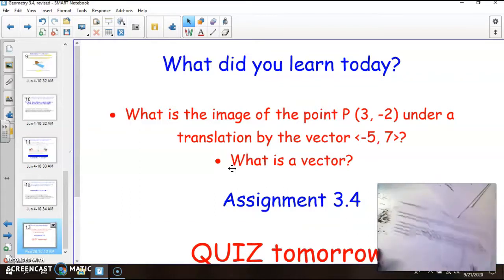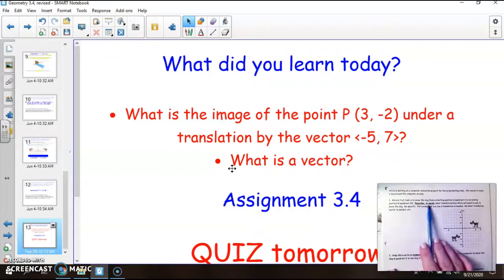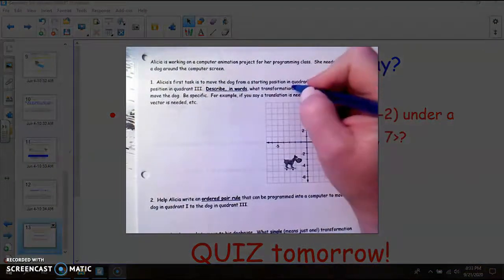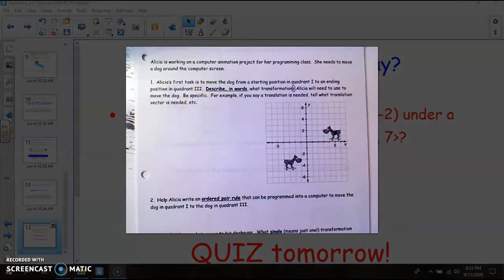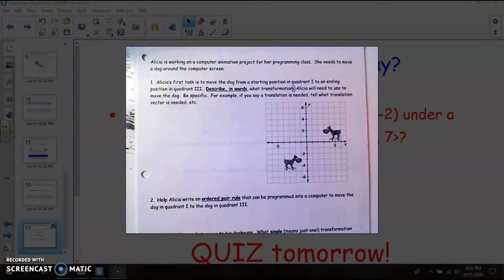On number 1, your directions tell you to describe in words what transformations, and I want to really draw your attention to the fact that that is plural. It means there's more than one transformation that's occurring. You're going to describe it in words. So if you say a reflection has occurred, what line are you reflecting over? If you're saying it's a rotation, how many degrees are you rotating? Around what point?